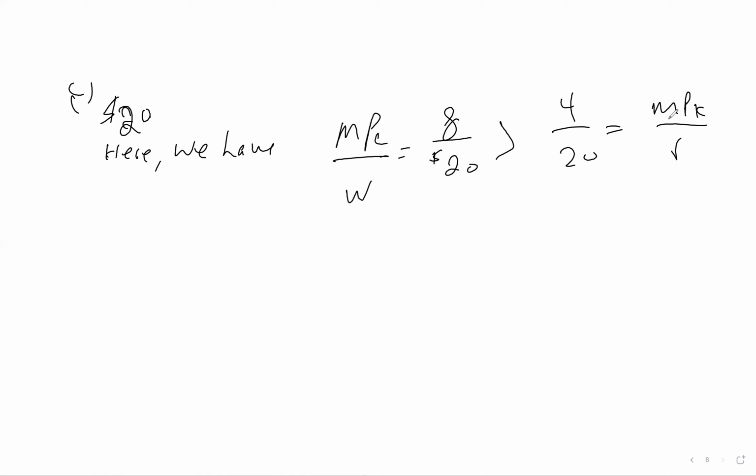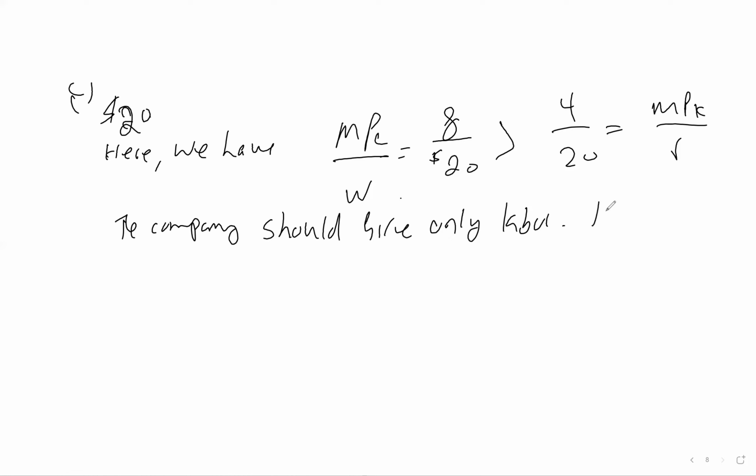So the company should hire only labor to get 32 units of output.